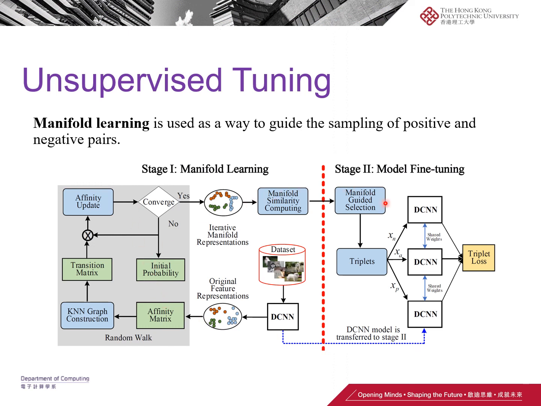We can do this iteratively, and hopefully the manifold learning and the deep neural network learning will help each other to find a better representation at the end. Then the final result of the neural network, you can use it for generating representation for image retrieval. So this is the idea of iterative, unsupervised fine-tuning methods, just for your reference.